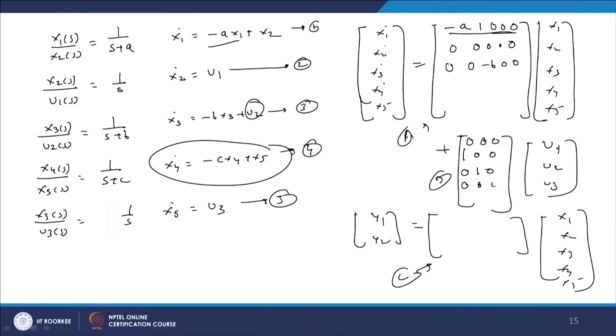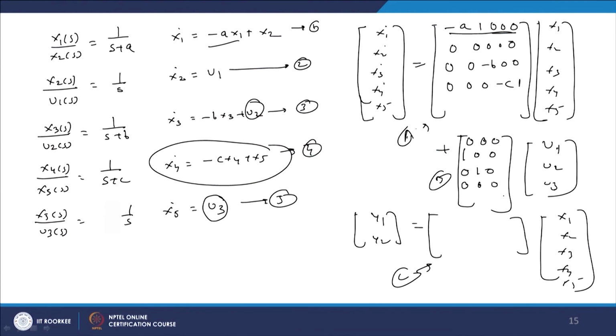So, we can directly write down here 0 0 0, and now about this c x4 x5, the terms for x1, x2, x3 are 0. So, we can write down 0 0 0, and this minus c 1, and lastly we come to x5 dot equal to u3. So, u3 is there, that means corresponding to this 0 0 1, and here we will not get any elements for x5. So, all the elements are zeros.